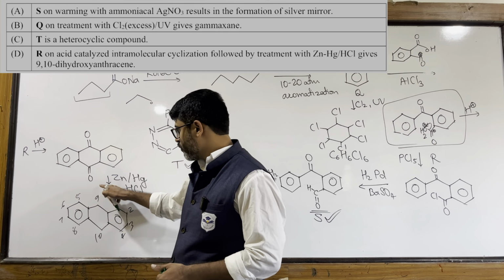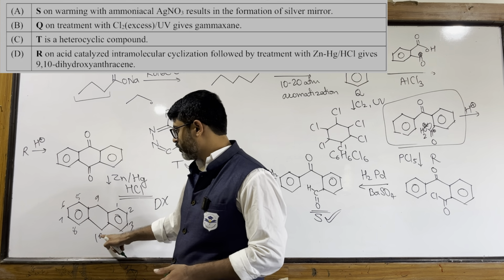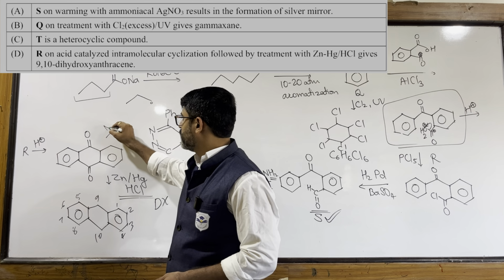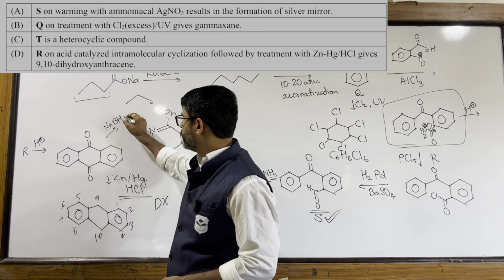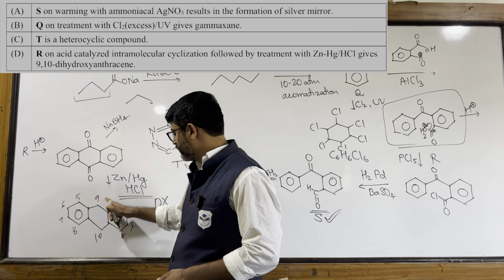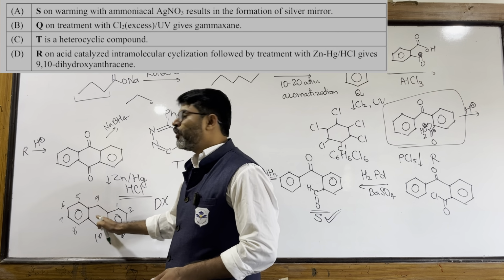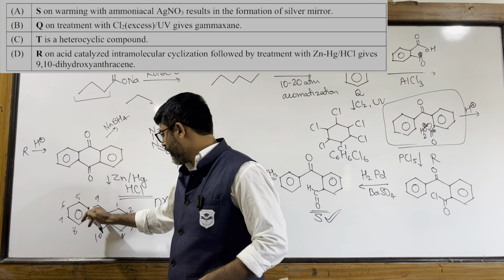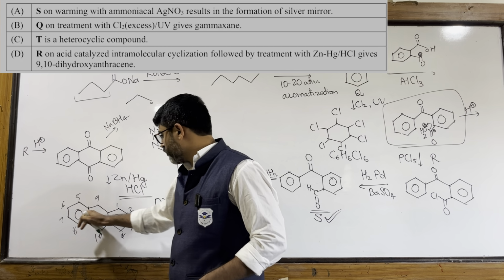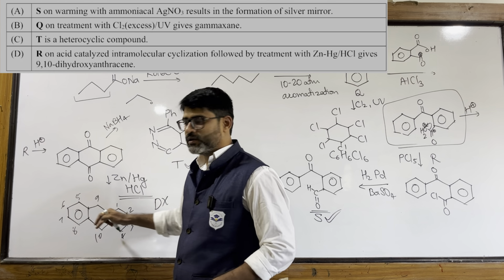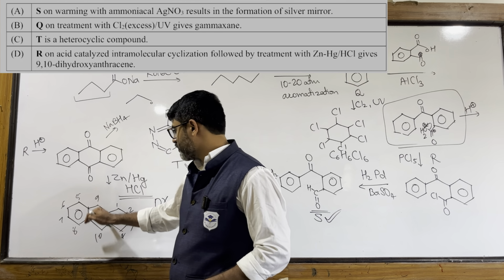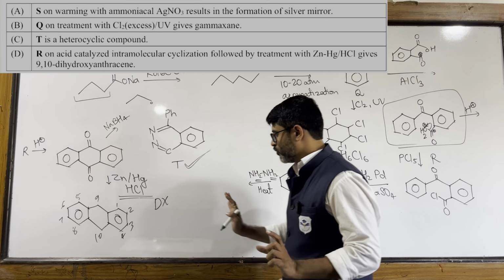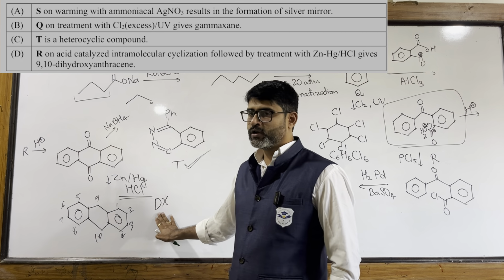So there is no hydroxy group on the 9th or 10th carbon. If you treat this compound with NaBH4, it will not give anthracene anyway, because anthracene has full conjugation over the 3 rings. So this product does not have a hydroxy group. So option D is totally wrong.